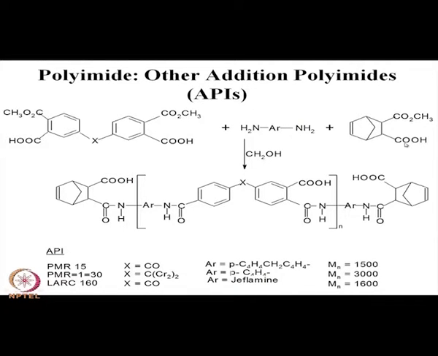So, having this carboxyl and ester group forms this kind of polyamic acid. Again this is polyamic acid. This polyamic acid will lead to imide ring formation. Here also one group is missing over here.